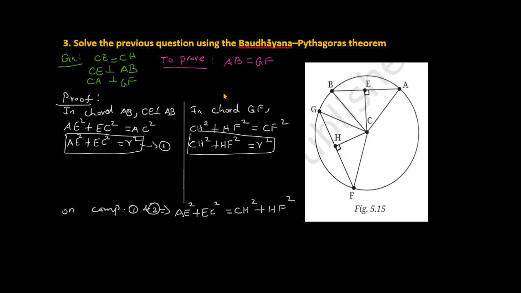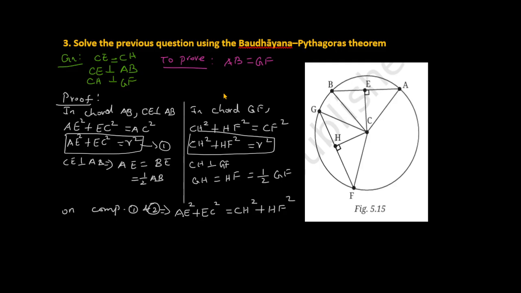Now, what is the given condition? CE is perpendicular to AB, which means AE is equal to BE, which is equal to half of AB, and CH is perpendicular to GF, which means GH is equal to HF, which is equal to half of GF.